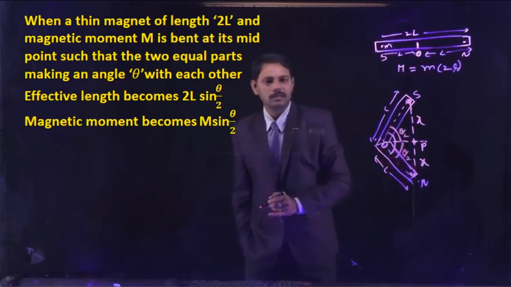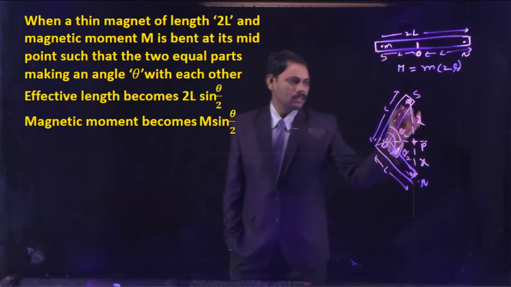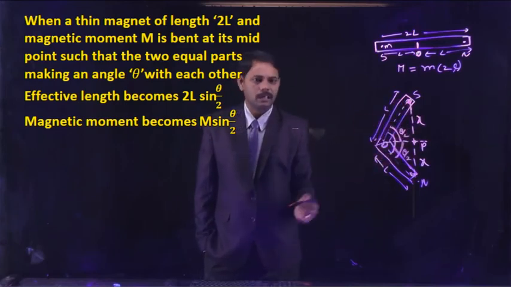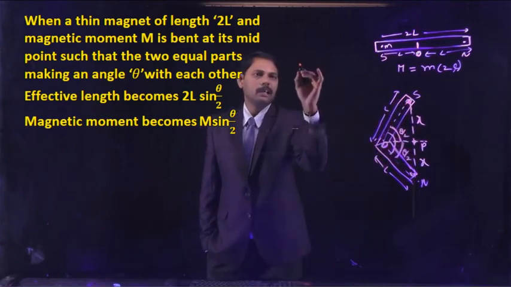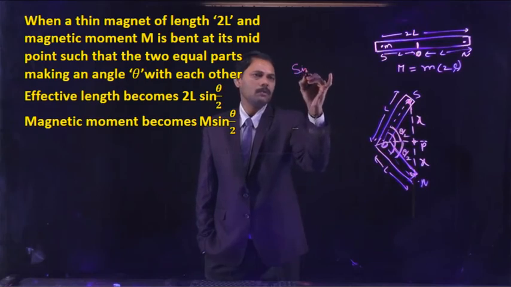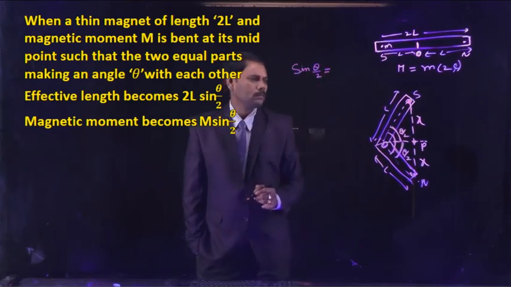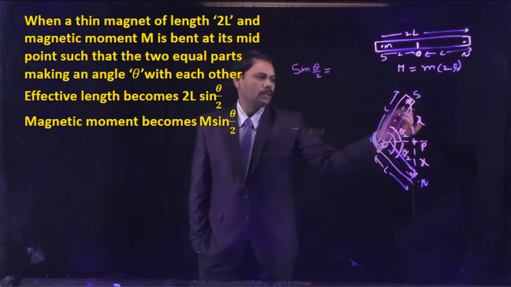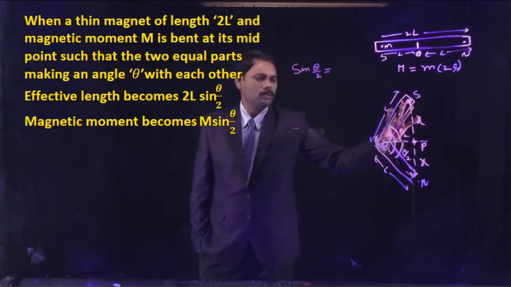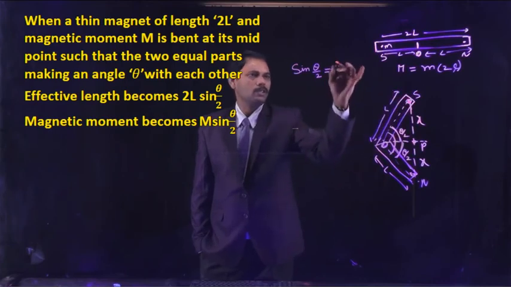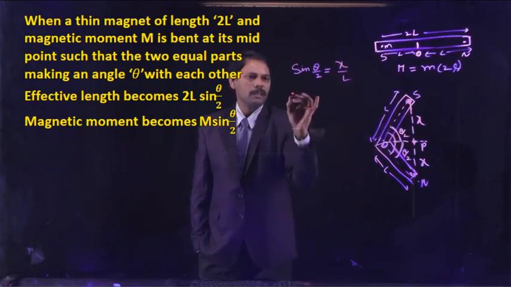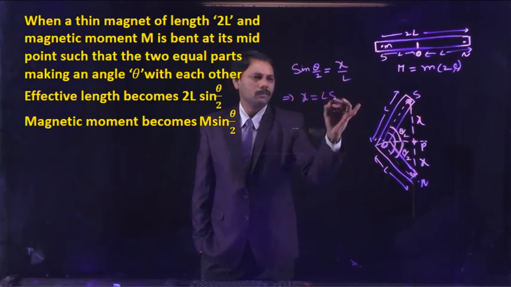We have a right angle triangle. OPS is the right angle triangle. In that right angle triangle, consider sine theta by 2. Sine theta by 2 is equal to x divided by L. This is x, the opposite side, and the hypotenuse is L. So x by L, which implies x is equal to L sine theta by 2.